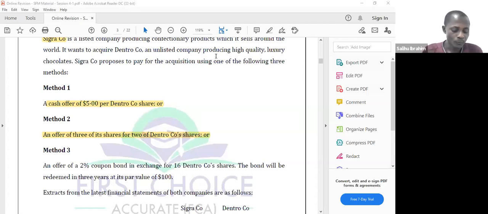So we're going to have 3/2 times 1,250. So we are offering 1,875 shares. Can you see? We are offering 1,875 shares to acquire Dentroco. That is the result of our 3/2.